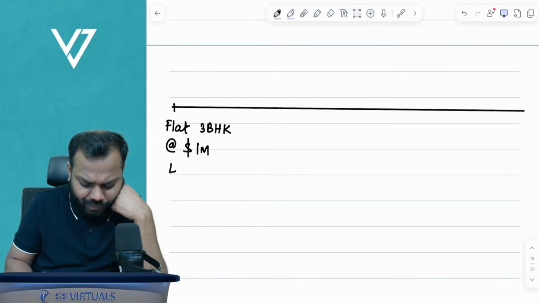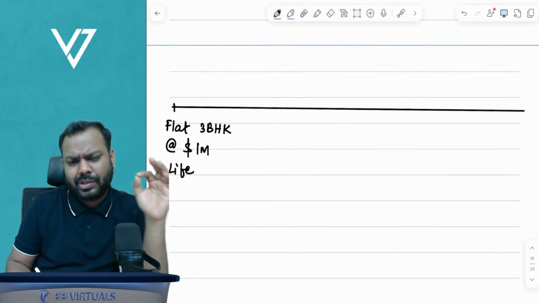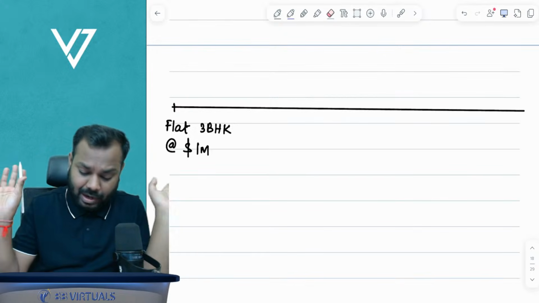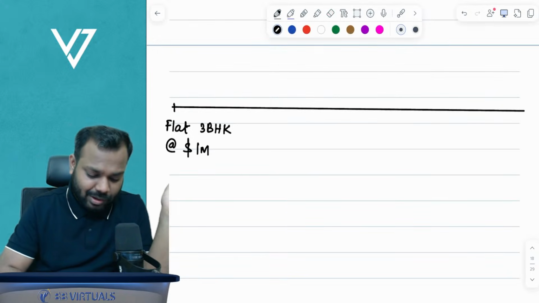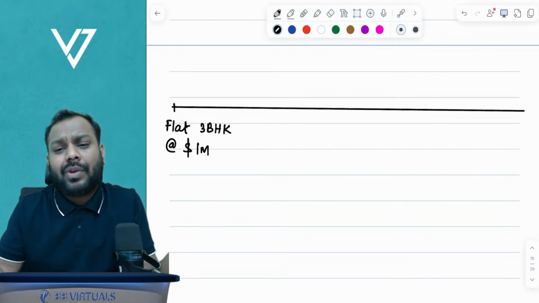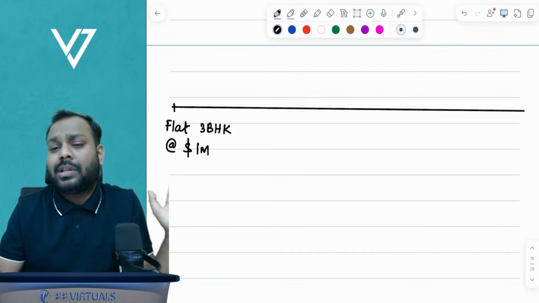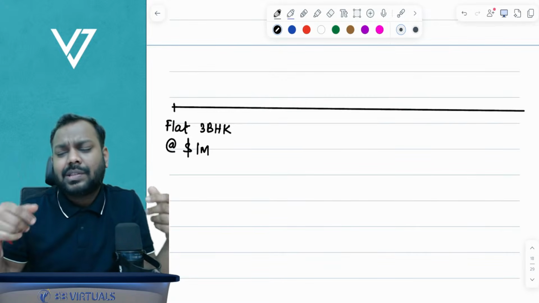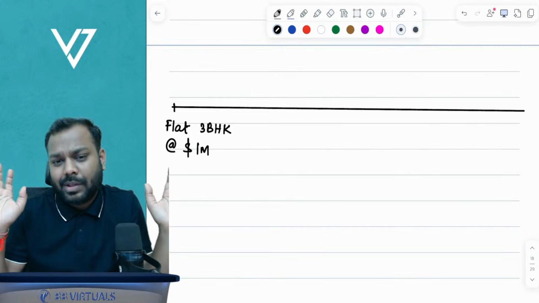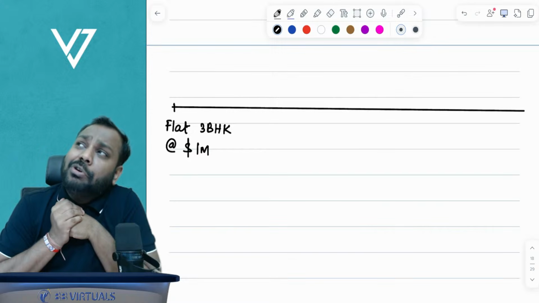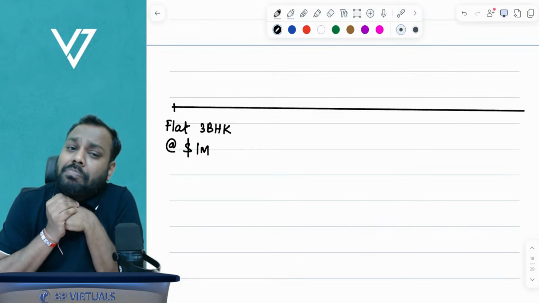Now, forget about the life of the flat. You would have heard a conversation. In every middle class family, this conversation happens some or the other day. Like they will say, this property is valued at this much price today.